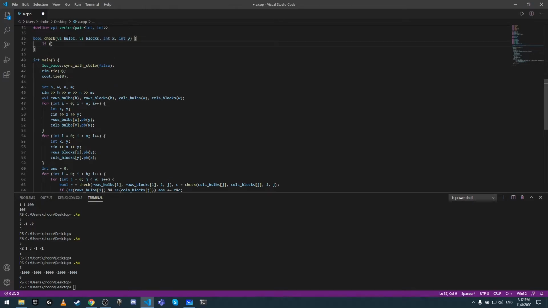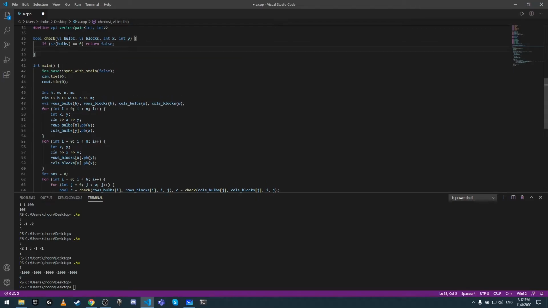So first of all, if size of bulbs is equal to 0, then we just return false instantly, so we don't have to deal with that. Now we have two cases we need to consider: left or up, but in this case it's just left.